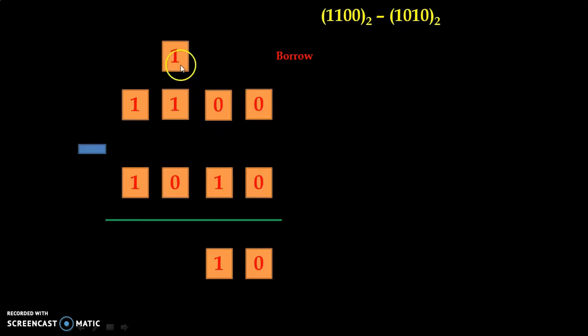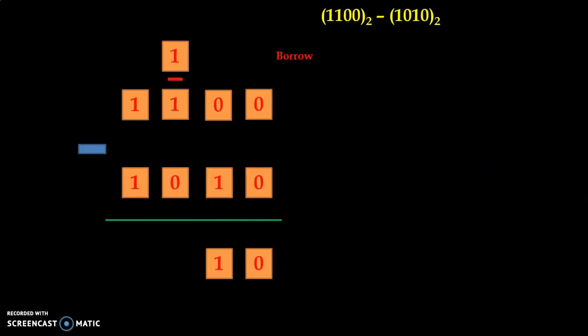We are taking this 1 borrow from this binary value. So we have to subtract this borrow first from this value, and then with the answer we will have to do subtraction with the next value. So it is a 2-step process, right? Let us see.